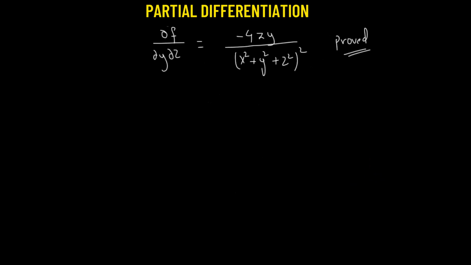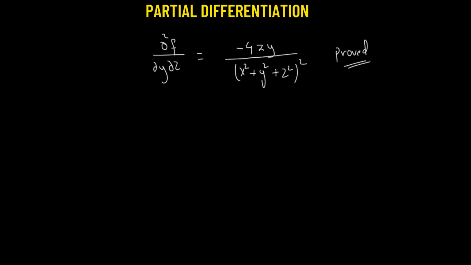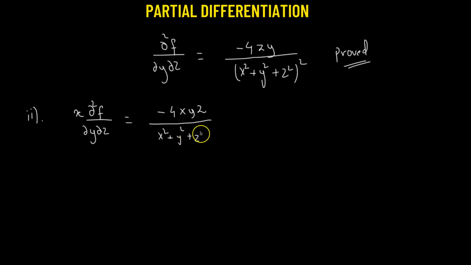Now coming to the second part, we will multiply this expression with x. So we'll have x multiplied by the second partial derivative of f with respect to z and with respect to y. So this is going to give us -4 multiplied by xyz divided by x squared plus y squared plus z squared whole squared.